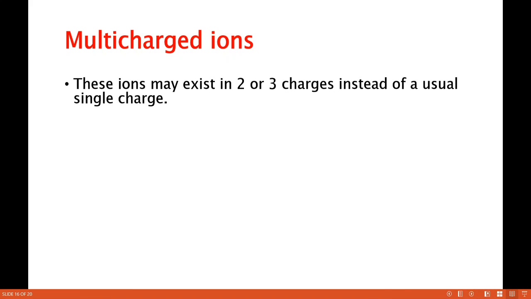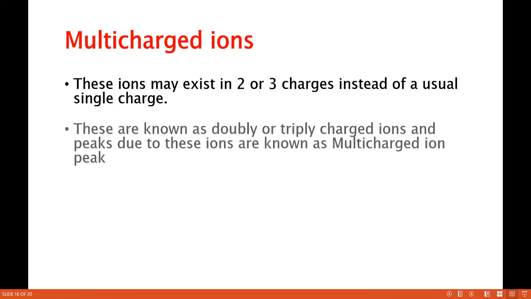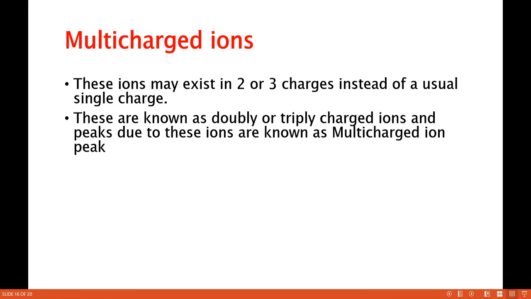Then next is the multi-charged ion. These ions may exist with 2-3 charges instead of the usual single charge. These are known as doubly or triply charged ions, and the peaks due to these ions are known as multi-charged peaks. Here we see the example. This is the compound; electrons are bombarded, 3 electrons are removed, then we get a 2+ charge.